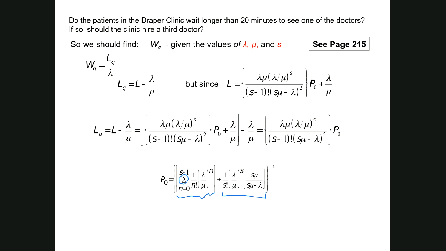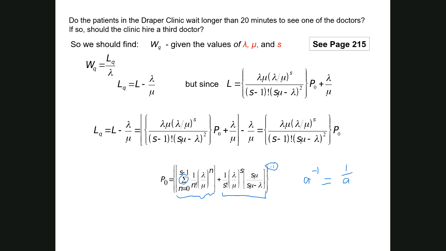It's a product of 3 terms, and then that's all taken to the power of -1. If you remember, what does that mean? If you have a term a to the -1, that's the same as saying the inverse of a, 1 over a.